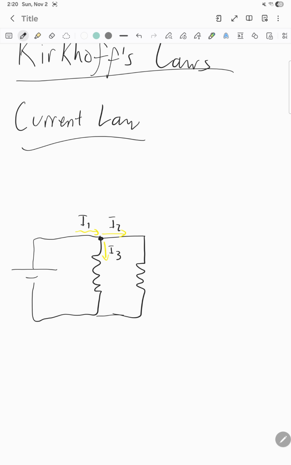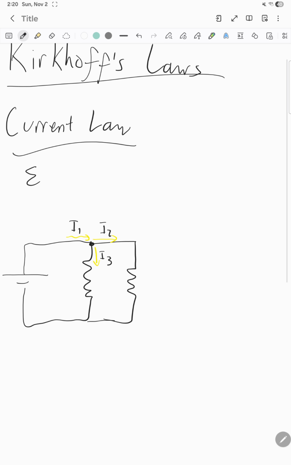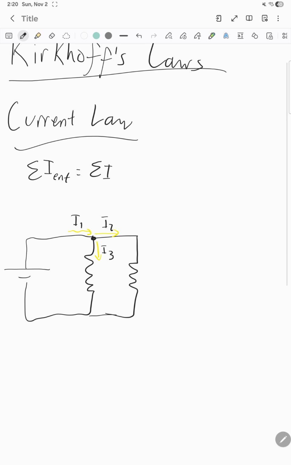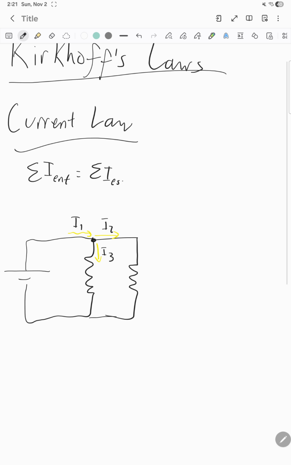Essentially what the current law says is that the sum of the current that's entering is equal to the sum of the current that's going out.